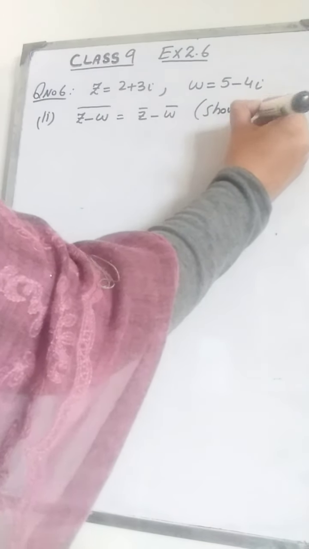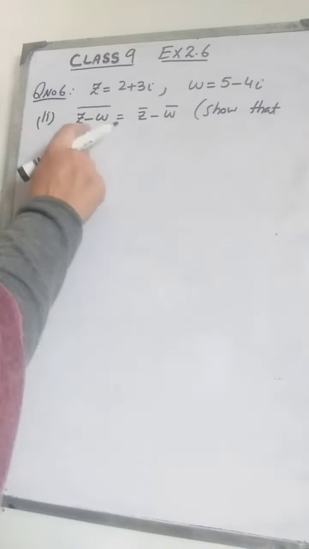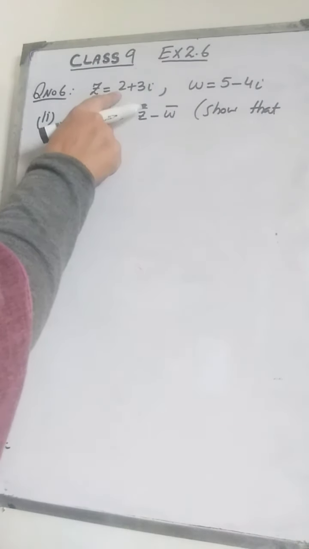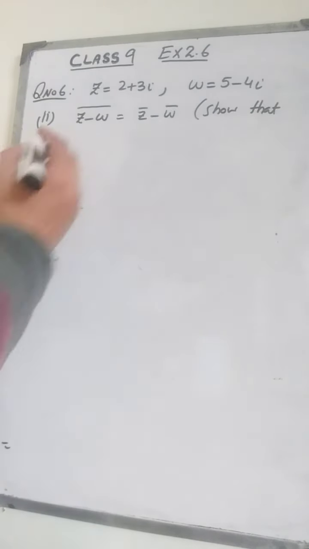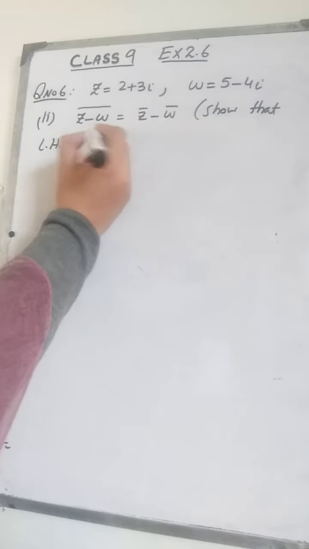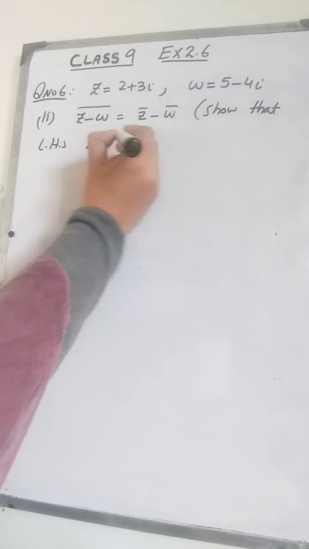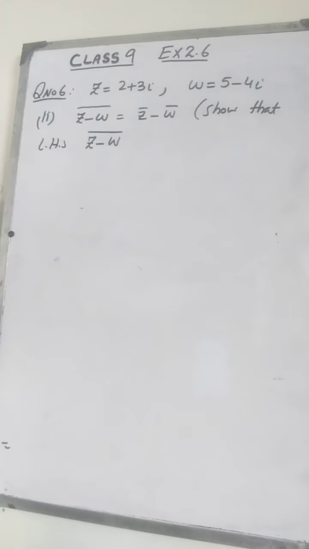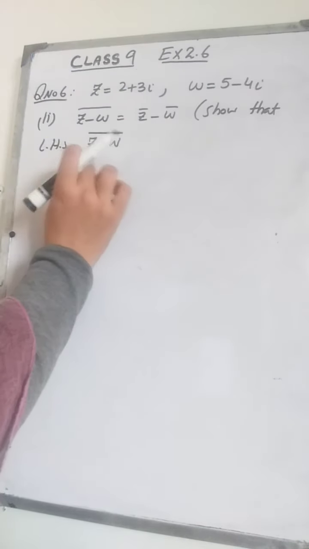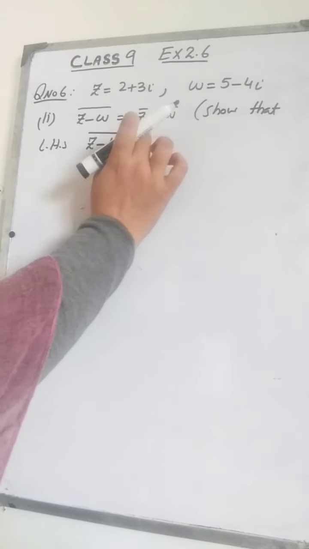We need to show that this expression is equal to this expression, where Z is equal to this and W is equal to this. It's very easy to do. We just put the values of Z and W. First take the left hand side. The left hand side is Z minus W bar. We are going to calculate this, and then we are going to calculate this.